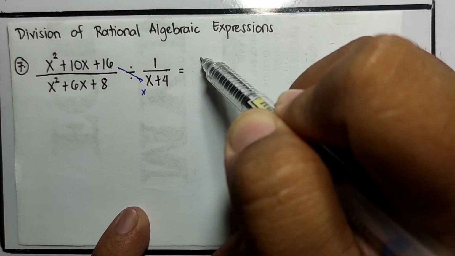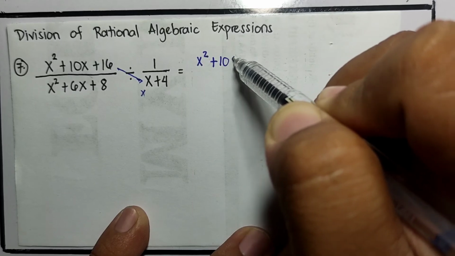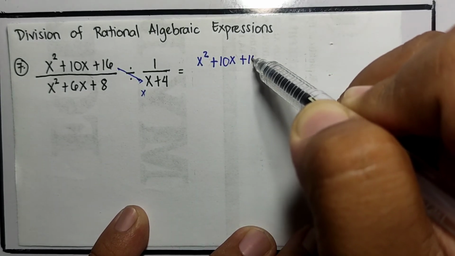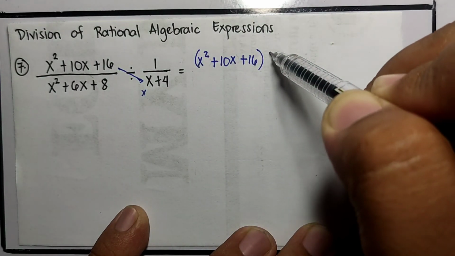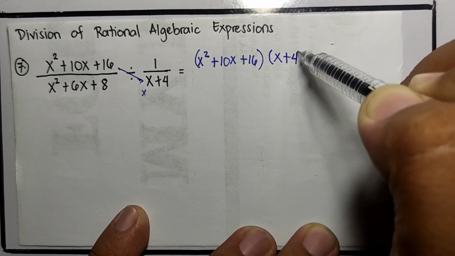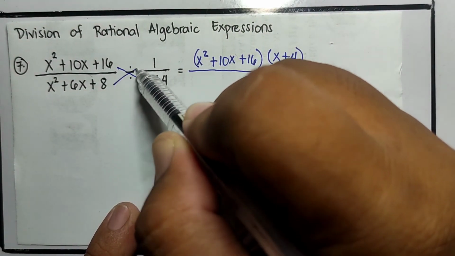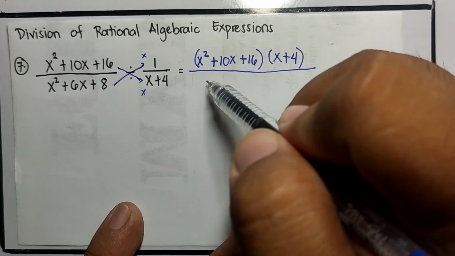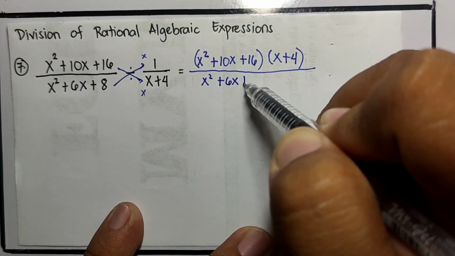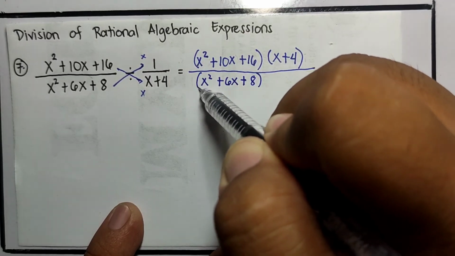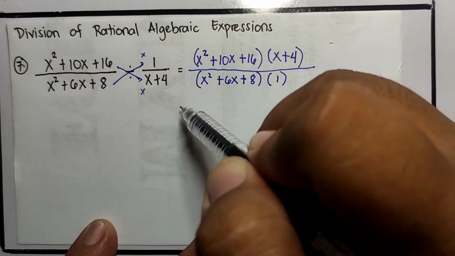Therefore, x squared plus 10x plus 16 times x plus 4, all over x squared plus 6x plus 8 times 1.